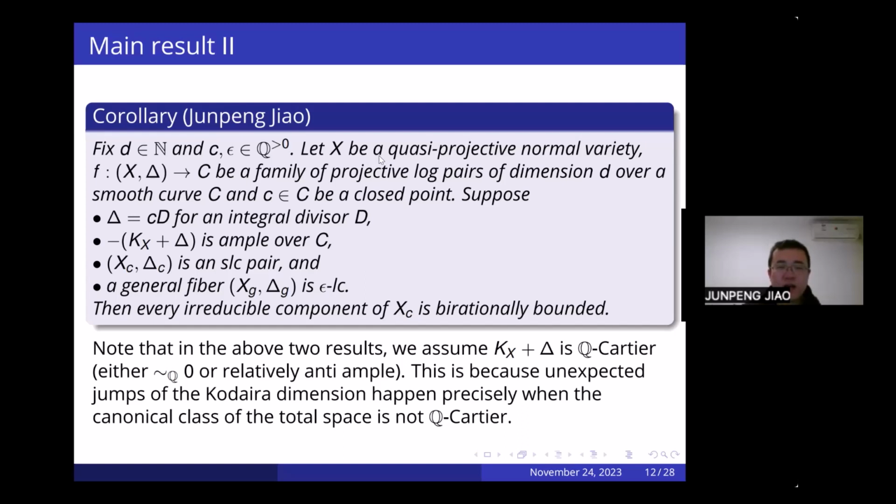Let X be a quasi-projective normal variety, and (X, Delta) be a family of projective log pairs of dimension d over a smooth curve, and c be a closed point. Suppose Delta equals C D for an integral divisor D, and negative K_X plus Delta is ample over C. And the special fiber is an SLC pair. And the general fiber is epsilon log canonical. Then every irreducible component of the special fiber is birationally bounded.